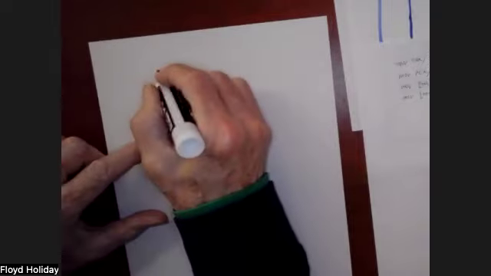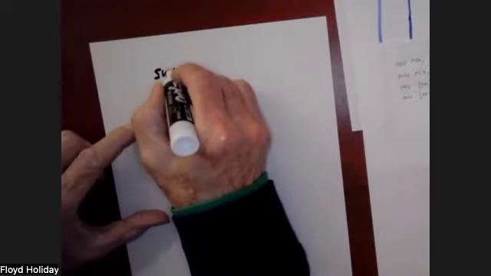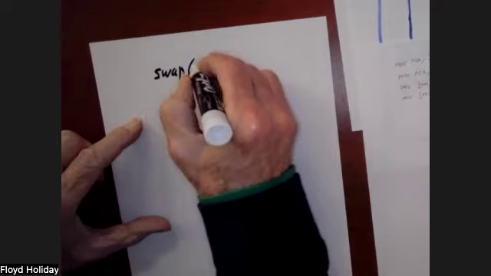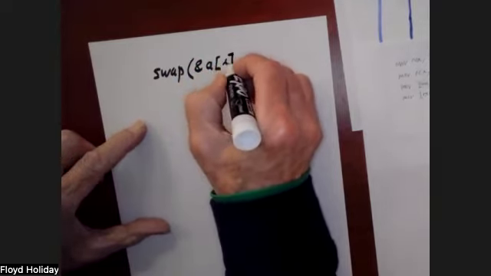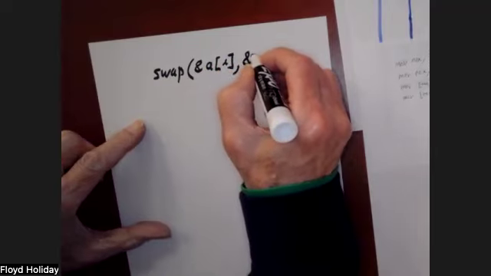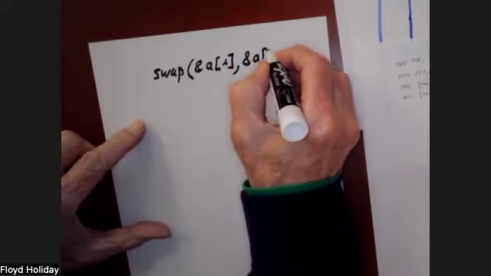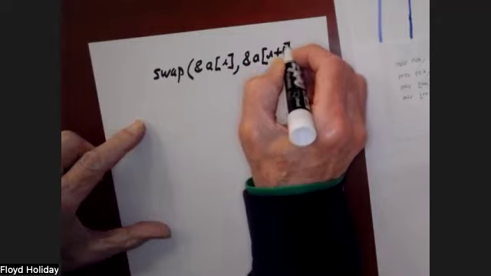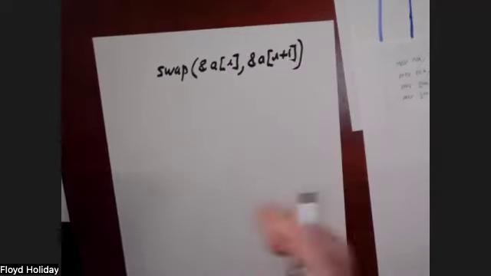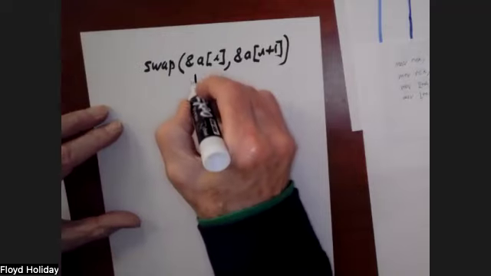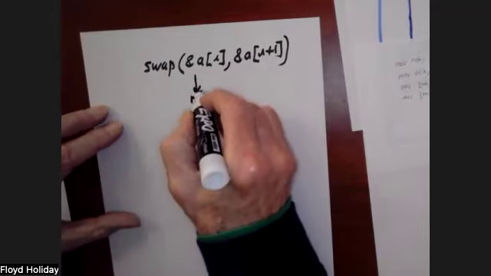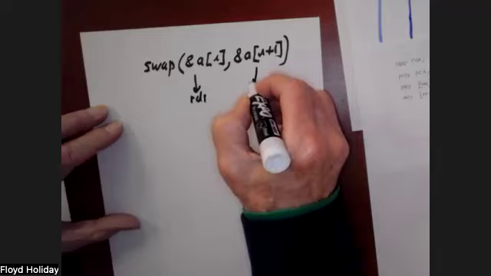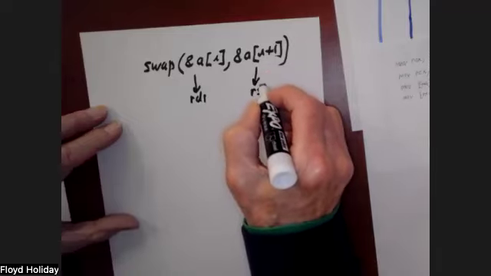The call was swap of ampersand AI or AJ, that's ampersand AI plus one. When the call is completed, this goes through RDI, and this gets copied into RSI.